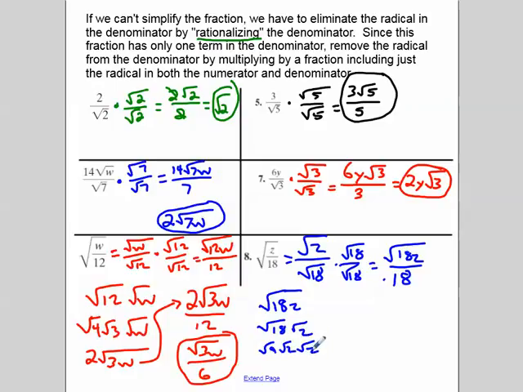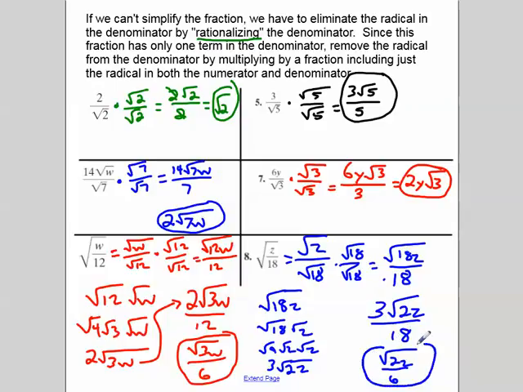That's a 3 square root 2z. So square root of 18z is simplified as 3 square root 2z. 3 square root 2z over 18 gives me square root 2z over 6. The 3 and the 18 cancel out. Cancel, factor out, reduce, simplify. Same answer: square root 2z over 6.